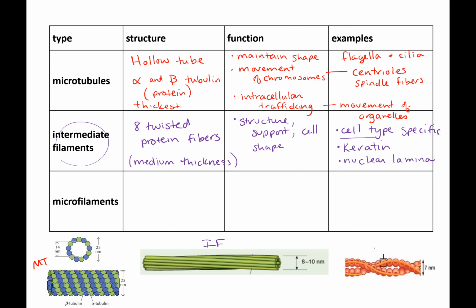Okay, last one is microfilaments. Down here, you can see that it's two intertwined chains. And it's made up of the protein actin. It is the thinnest.